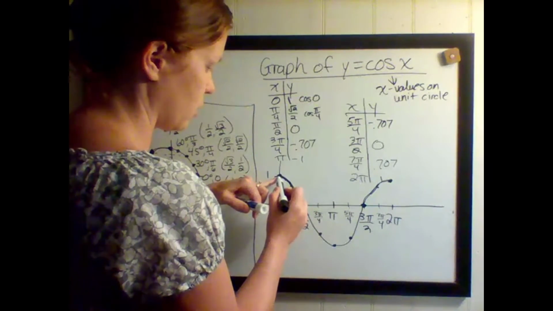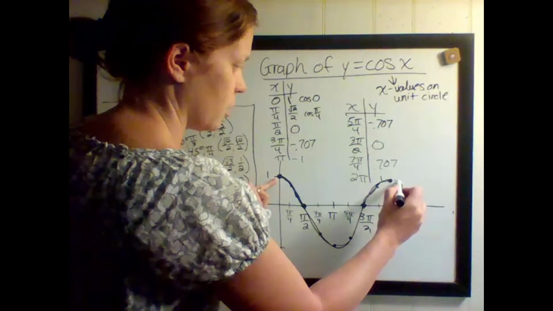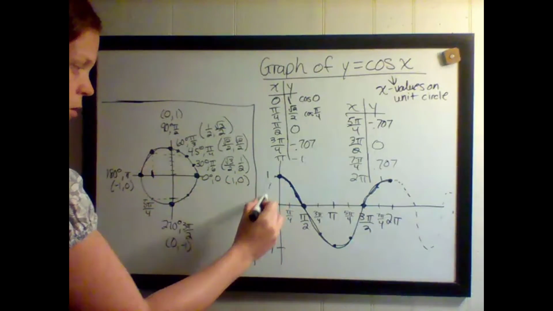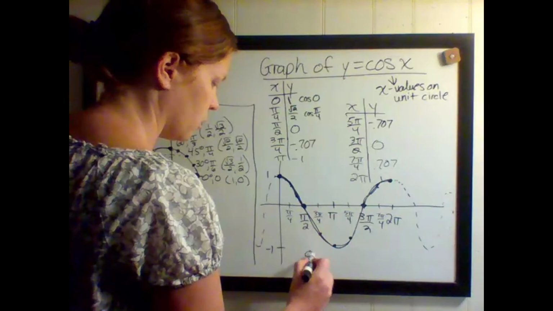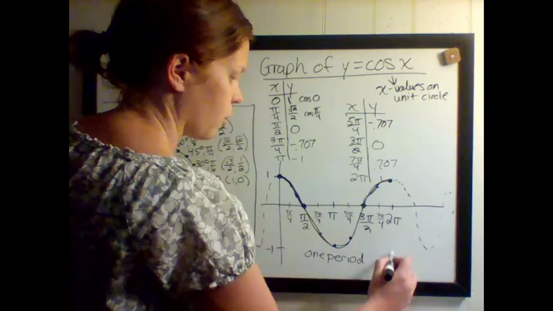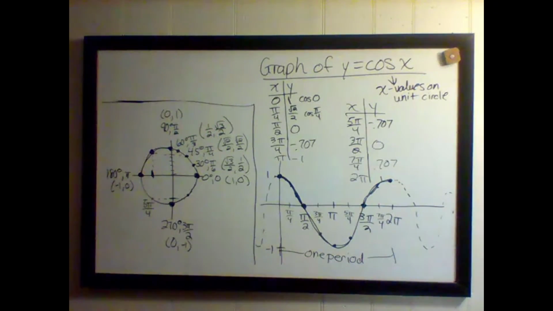Now from here it would continue. Right now I start at 1, go down, and then back up. It would continue down, back up. Same in this direction. Again, 2 pi is 1 period of cosine of x. Domain and range are going to be the same as sine.